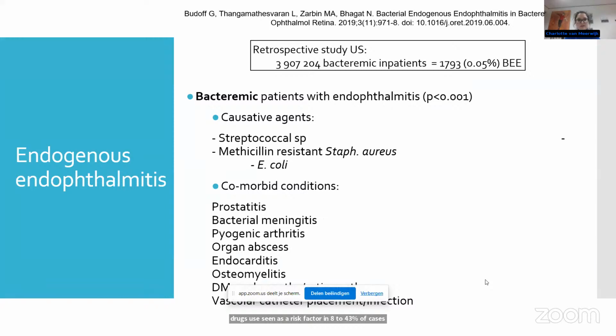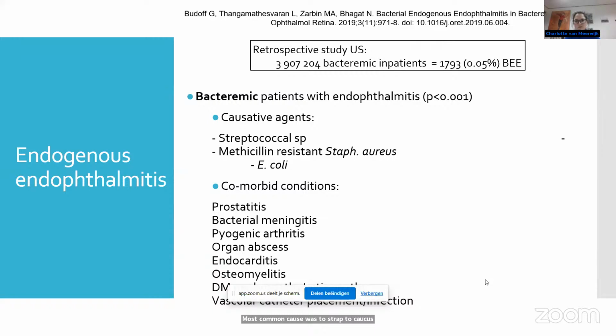For bacteremic disease, there is a large study published in 2019 in the US, and they retrospectively analyzed a large number of bacteremic inpatients, and how many patients developed endogenous endophthalmitis. The most common cause was Streptococcus species.